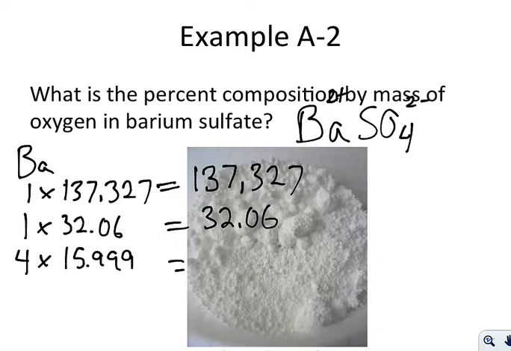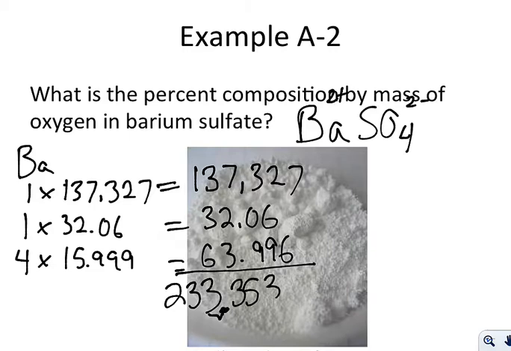When you add all those up, you get the formula mass for barium sulfate. In this case, the atomic mass of barium sulfate is 233.353 grams per mole. So that represents the mass of 1 mole of barium sulfate molecules.